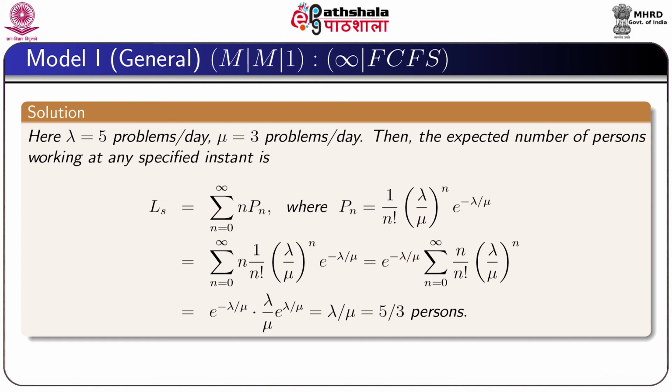The expression for p n is already obtained before. So, using this expression for p n and simplifying, we get Ls is equal to lambda by mu, and putting the value of lambda and mu, we get Ls equal to 5 by 3 persons.